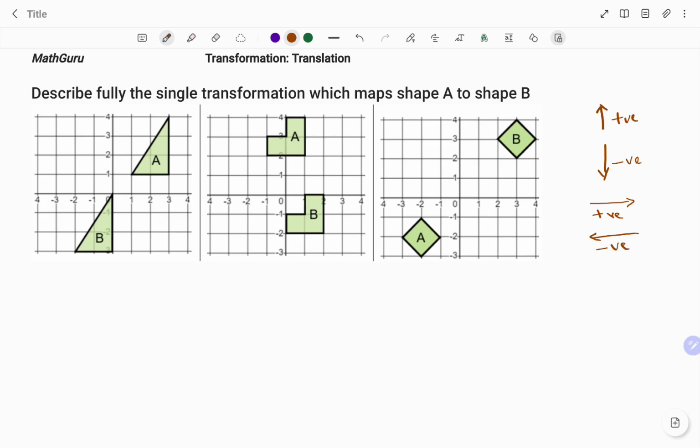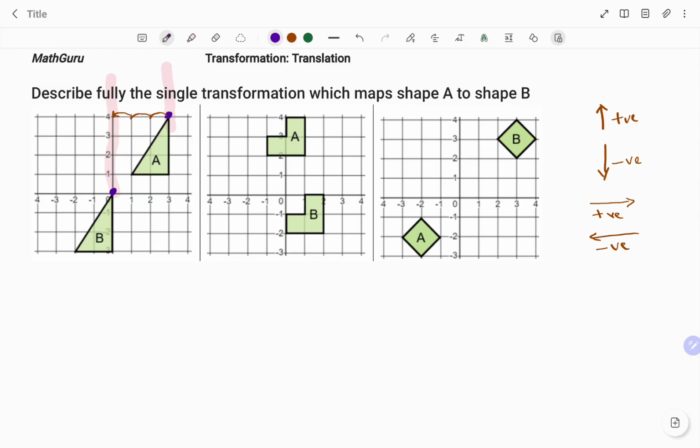So therefore, back to our example, I'm going to pick the same vertex or corner in the first and then in the translated shape. Starting from A, I'm going to pick the top corner, and then I'm going to pick the top corner for shape B. If I draw an invisible line for both shapes, it means shape A has moved 1, 2, and 3 units towards the left.